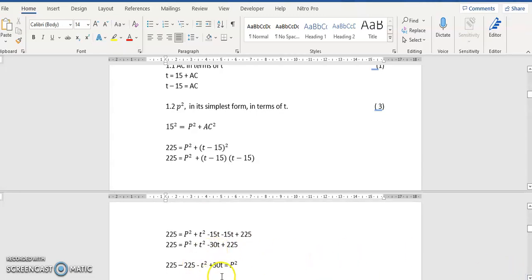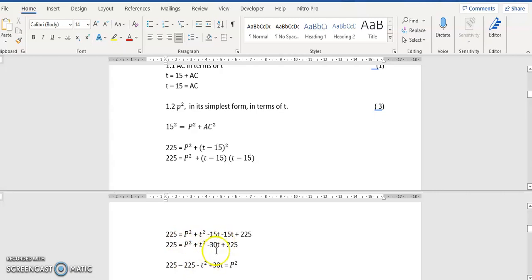And if you continue to simplify, you want to make P squared the subject, because that is what the question is looking for. So here you need to transpose all of them. So plus 225, if you transpose, is going to be minus 225. Then plus T squared is going to be minus T squared.